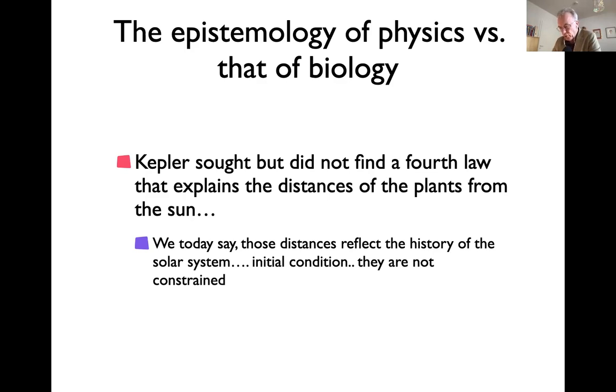And the proof for that is that today we have observations of other planetary systems around other suns where the distances of the planets are different. So there is no particular rule that constrains the possible distances around the planets. We can never be sure, but that's what we think at the moment.